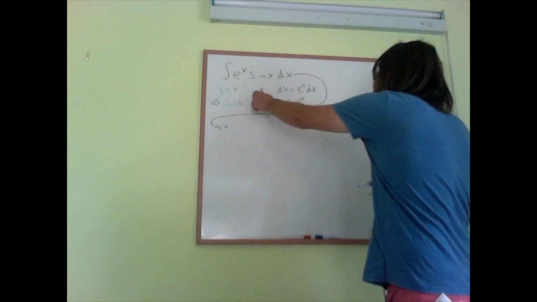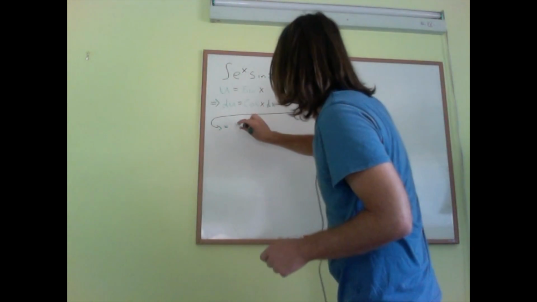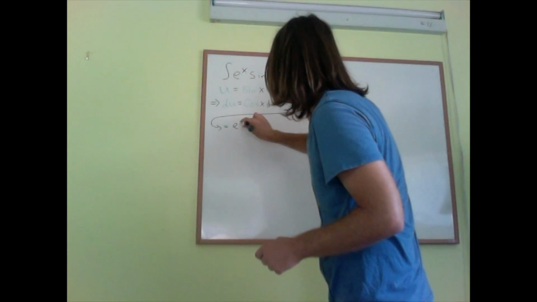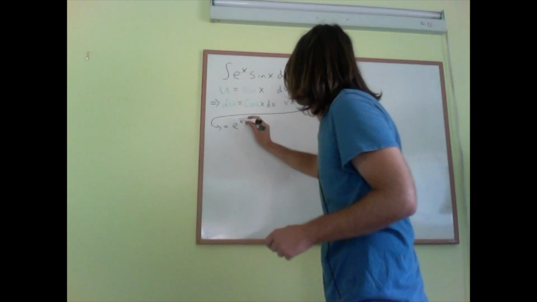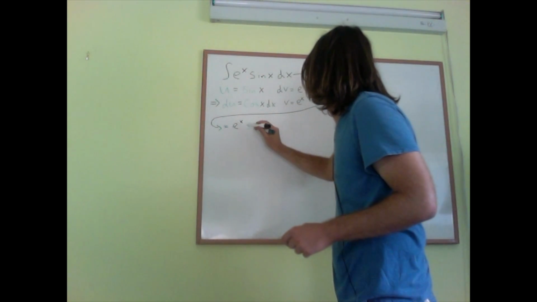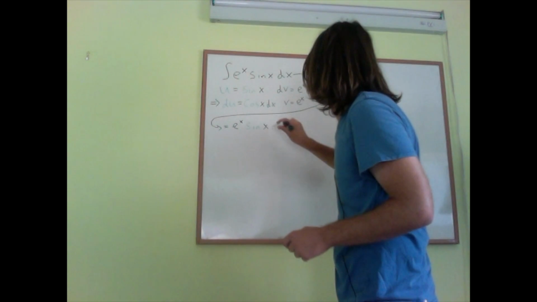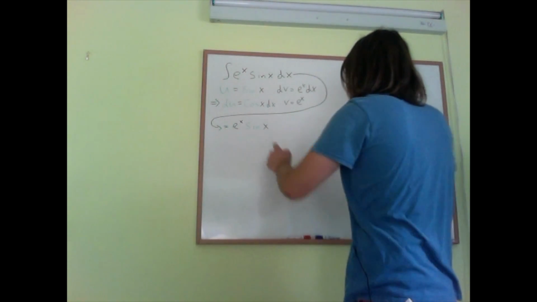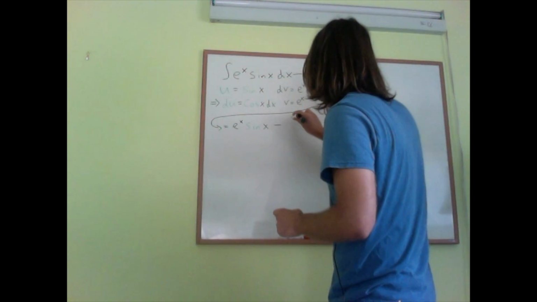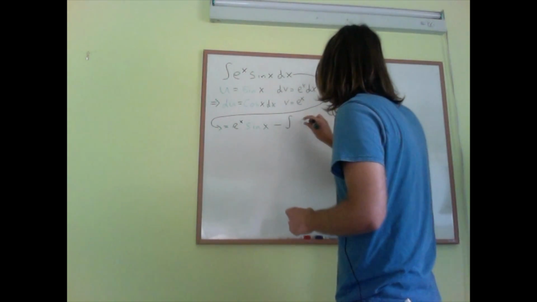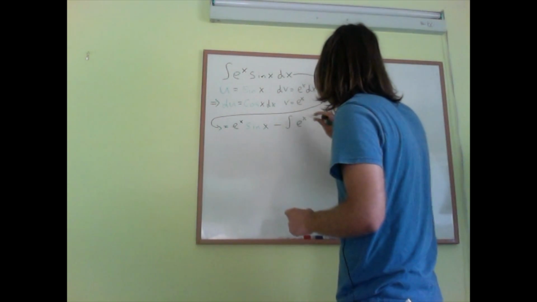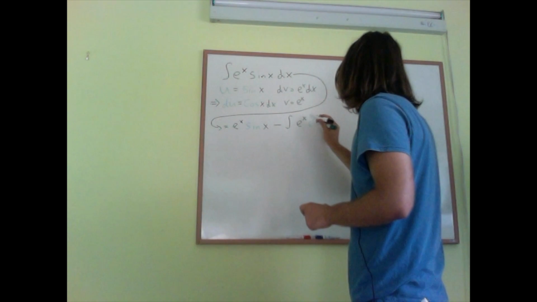So we have uv. I'm going to swap the order, which is totally valid because multiplication is commutative, so it's uv minus the integral of v du.